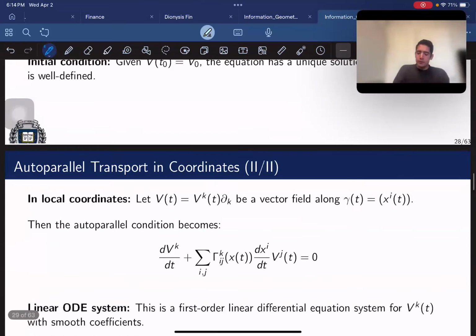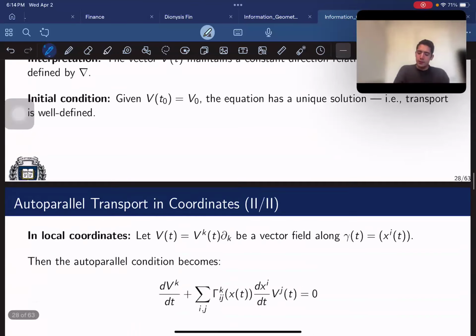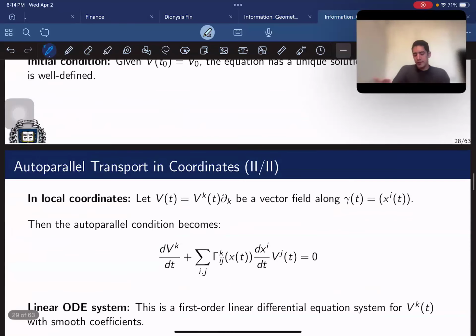If you use the definition of the affine connection, which is a linear function, you get to this equation where x at t is the point on the curve at time t, and solving this is essentially solving a linear ODE system, and since everything is smooth, there is an answer.